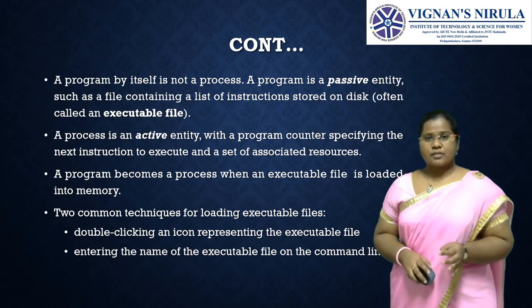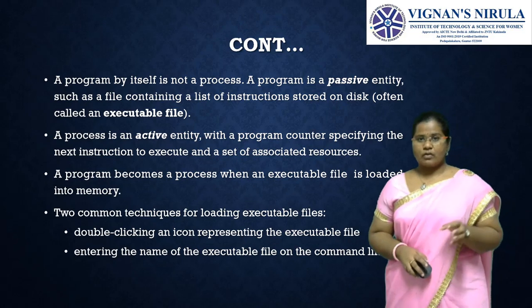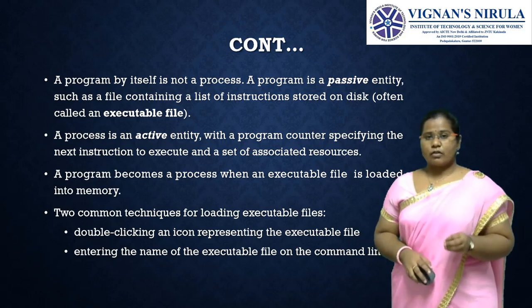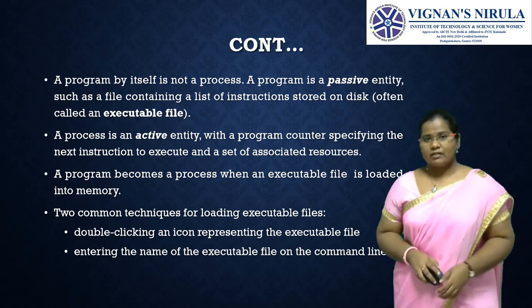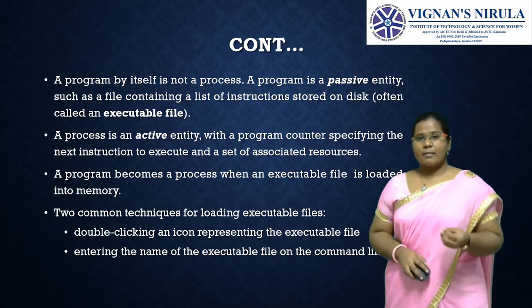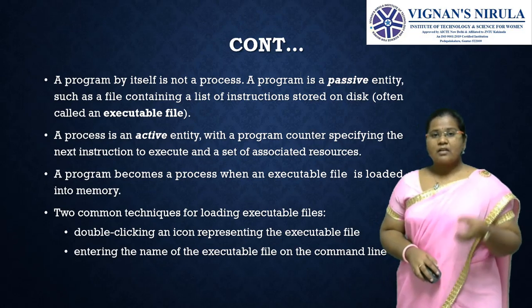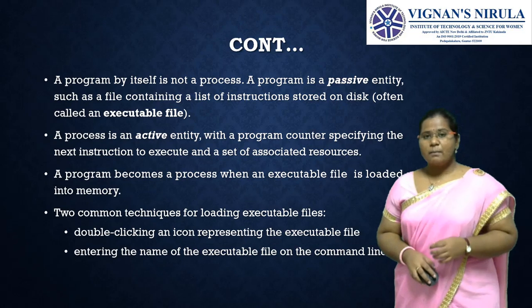So what actually this process is: when you compile a program, you get machine-converted code, which is called the executable code. When this executable code is generated, it is stored in the secondary memory. As soon as you give a run command in order to execute the program, this .exe file is loaded into the main memory.